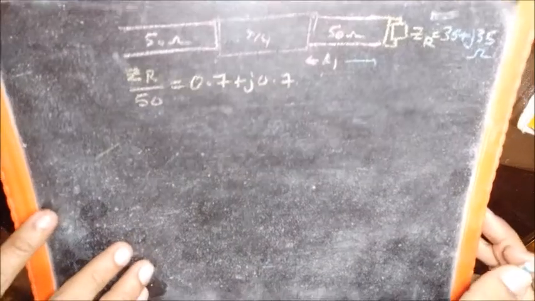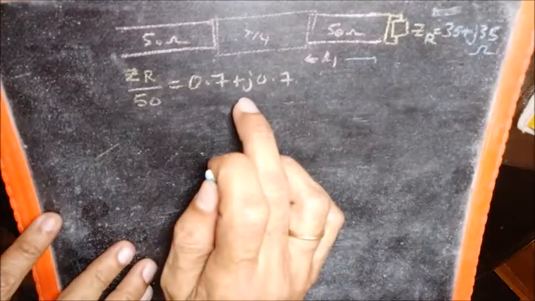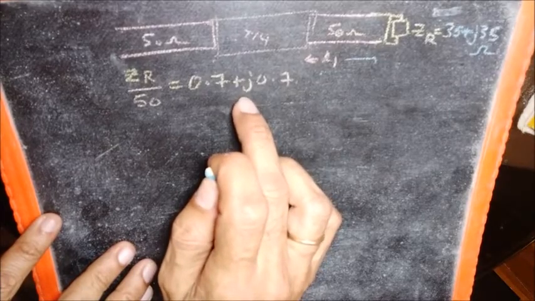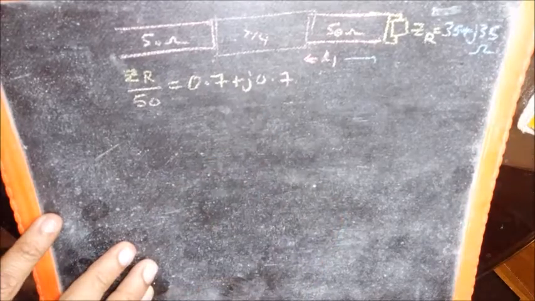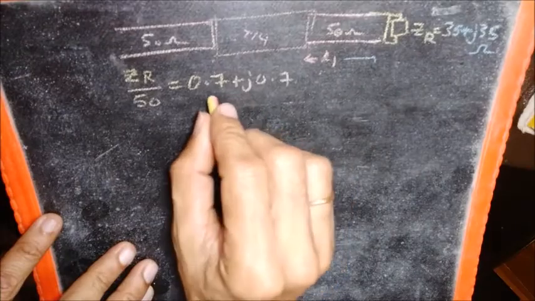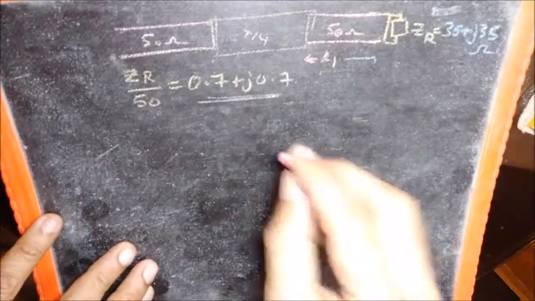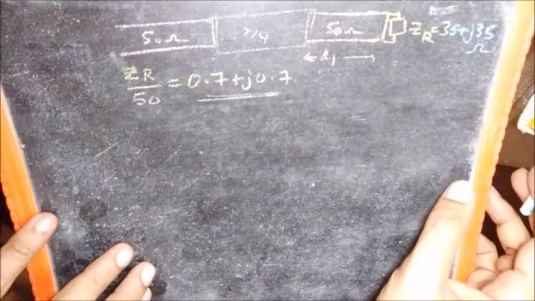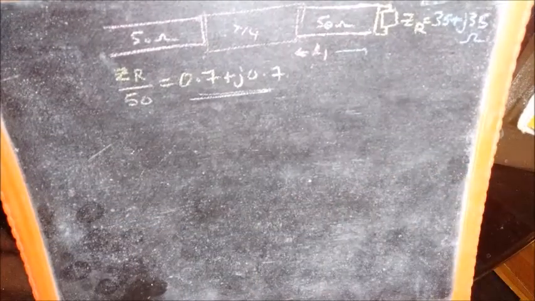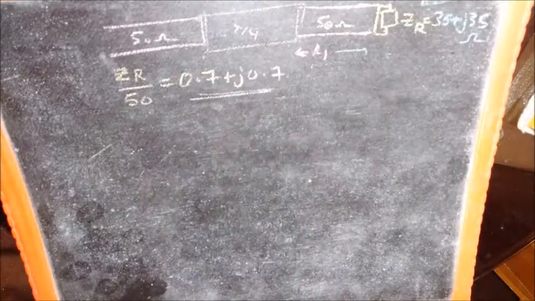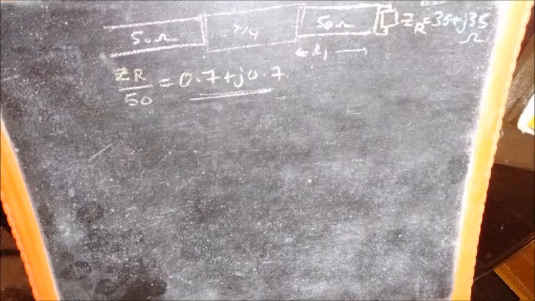Now the next job is to locate this normalized load impedance on the transmission line. So we take a fresh Smith chart.